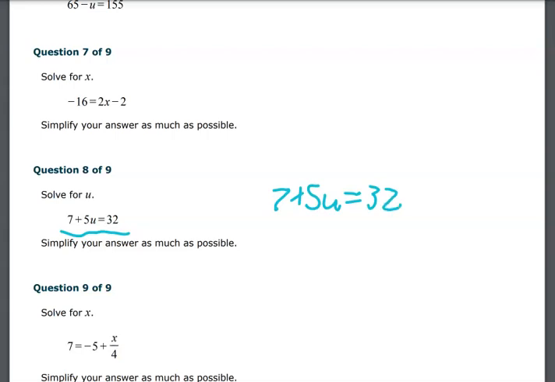So what you're going to do here is, I see addition or subtraction, but the number that I want to move, and this is a great lesson, is the number that doesn't have the variable. Notice, we've been moving this number constantly, but in this case, we don't move the 5u. We actually move the 7, because the 7 is the number that does not have a variable. So that's important to note.